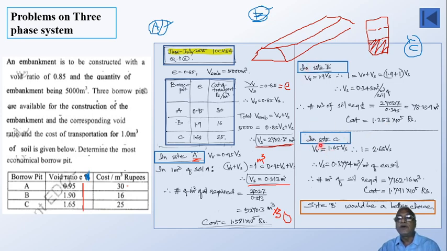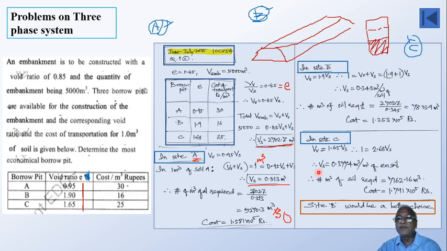On the same lines, volume of voids is equal to 1.65 Vs because they have given the void ratio. For 1 meter cube, the total becomes 2.65 Vs, as we have done here.